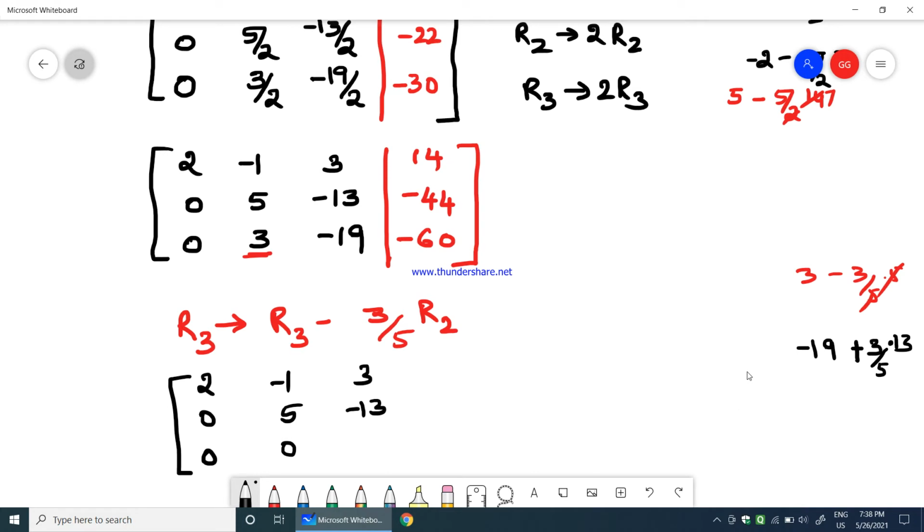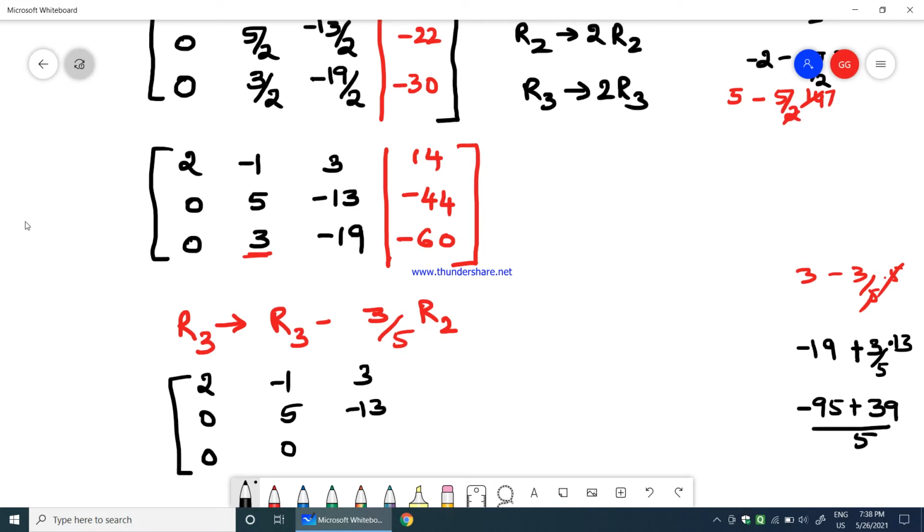So here what will happen? So 19 by 5. So let me do that in the calculator. 19 into 5 is 95. So here minus 95 plus 13 into 3, which is equal to 39, the whole thing by 5.